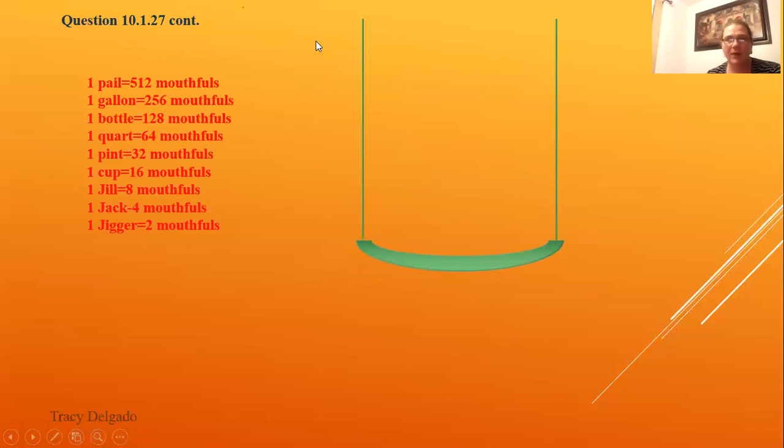In our next part of the question, we're asked to draw a pail. I apologize, this was my best attempt I could make. And this is another chart of what each thing will represent. We're going to see if this bucket will be filled up, overflow, or be just enough. So we're going to start out with our gallon here.